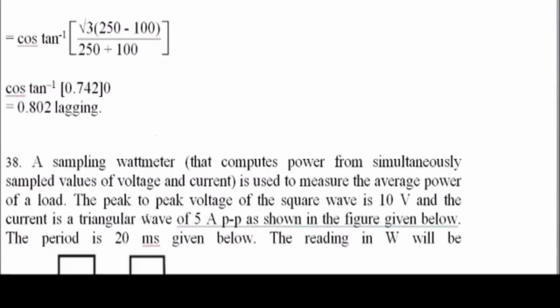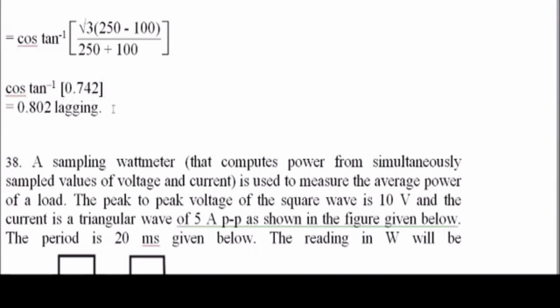See, here I have specified cos. The reason is we are in need of cos phi. So instead of phi, I had inserted the formula here. So don't get confused. It is equal to cos of tan inverse of 0.742.